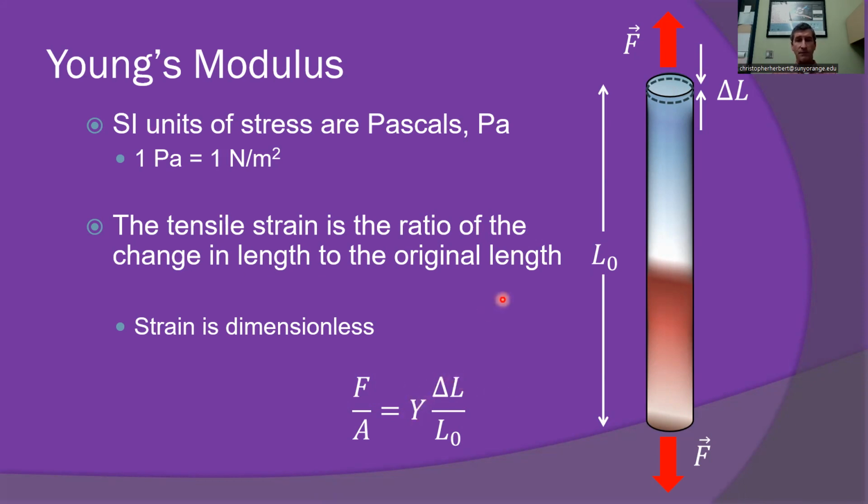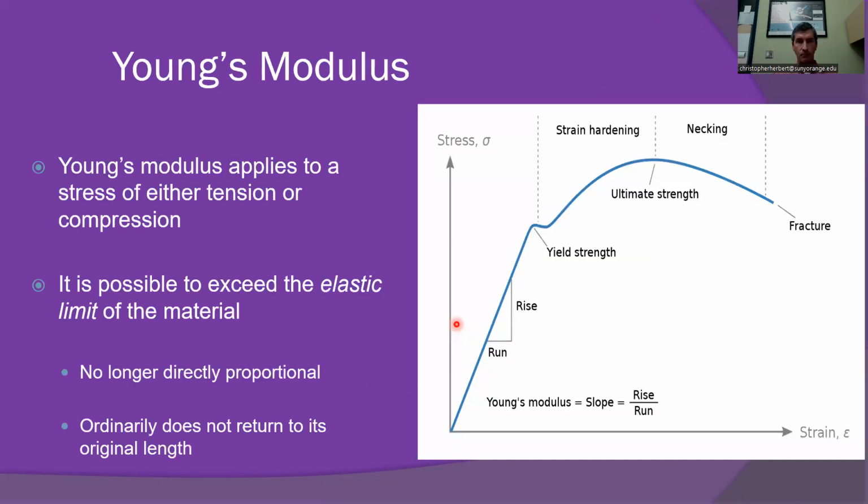And then Young's modulus, of course, is the constant of proportionality, so the units have to be the same on both sides. If delta L over L naught, if our strain is dimensionless, then Young's modulus has to have the same units as we have for our stress. So pascals here, and Young's modulus is also pascals.